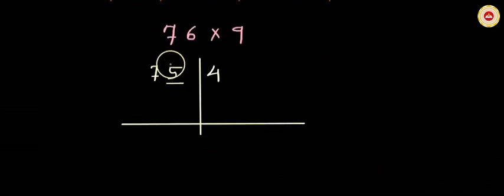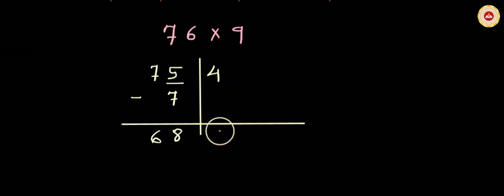See, in 75, this 7 is the unmarked digit, the digit which is not marked. So let us subtract this 7 from the left part. 75 minus 7, how much? 68.